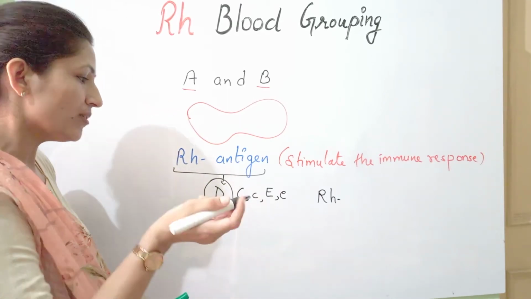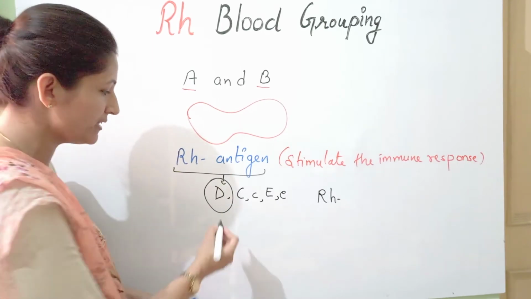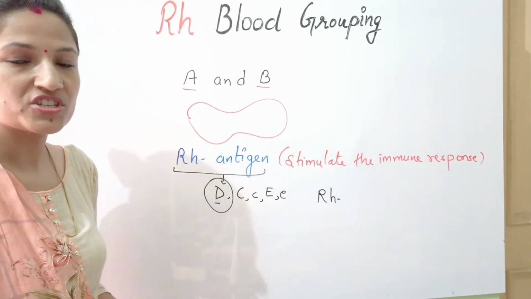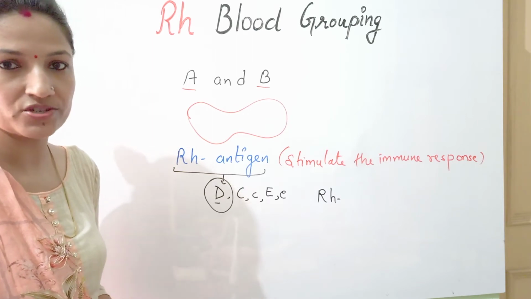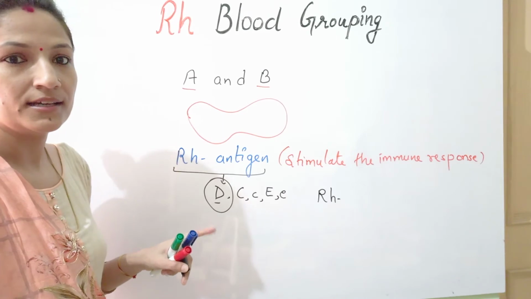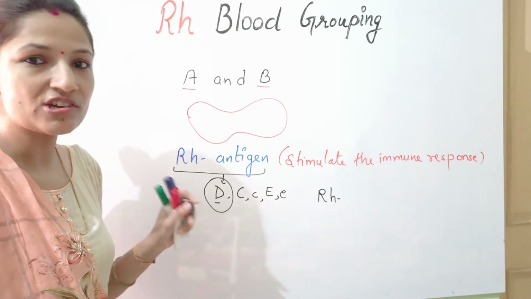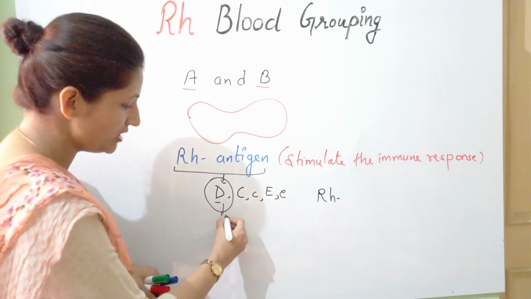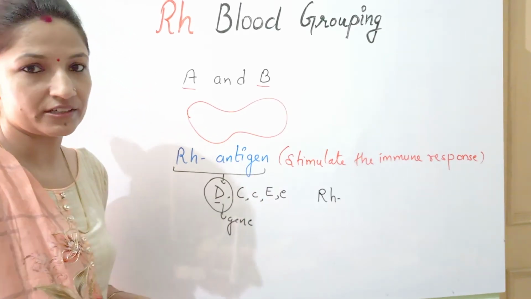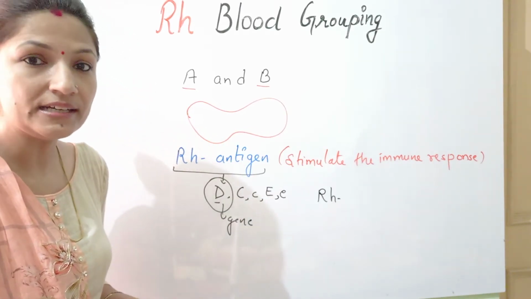Out of them, the most common is the D type of RH antigen, which is very common in the human population. So this one decides the presence or absence of the RH factor, the RHD antigen.